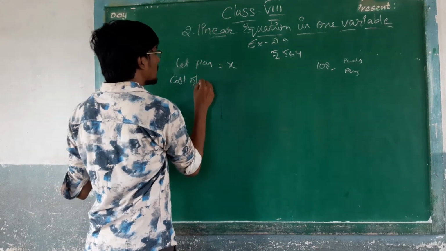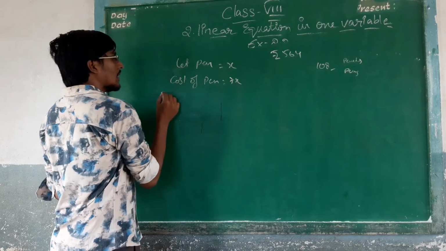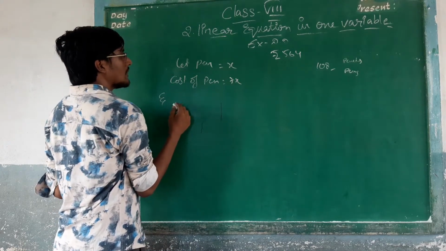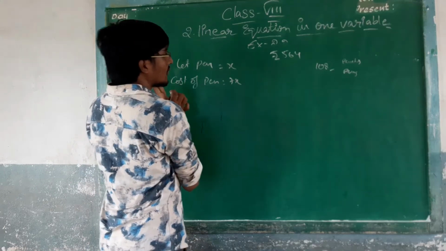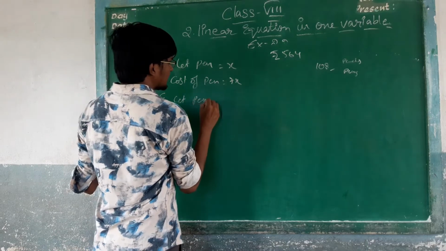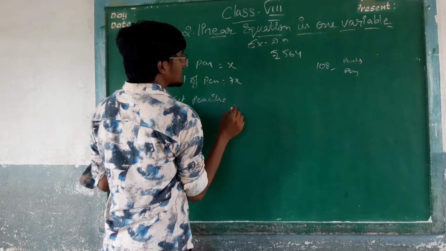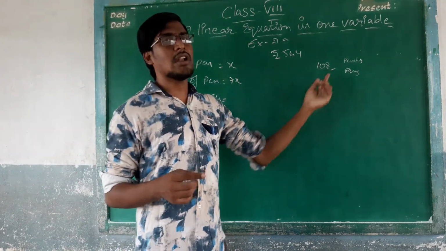Cost of pens equal to 7x, and let pencils be, totally how many? 108.